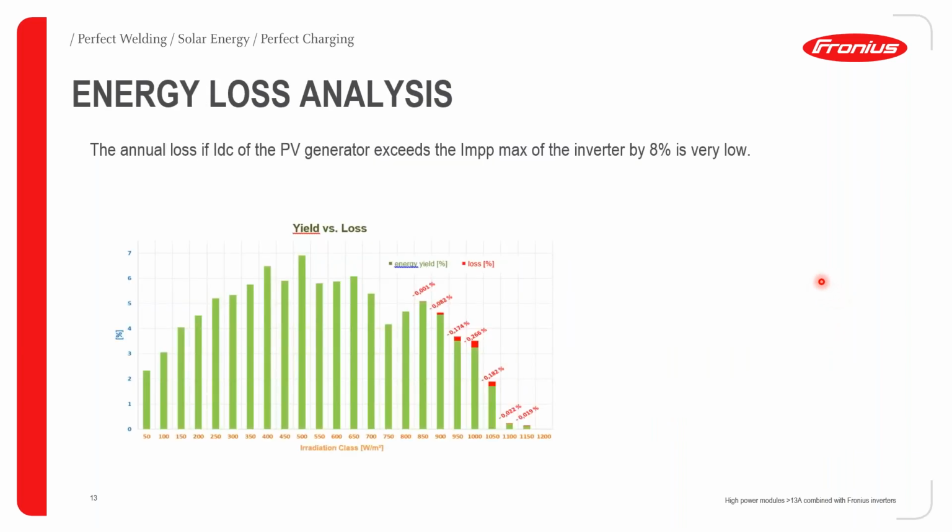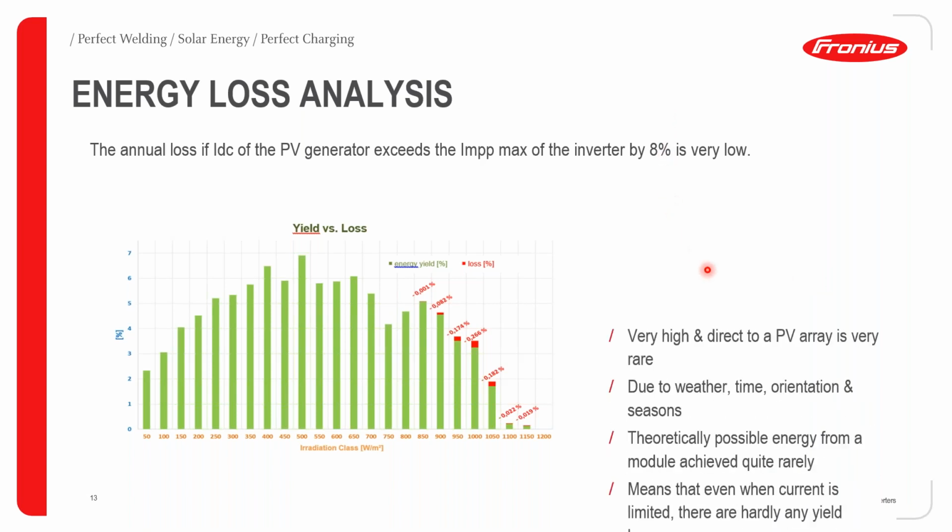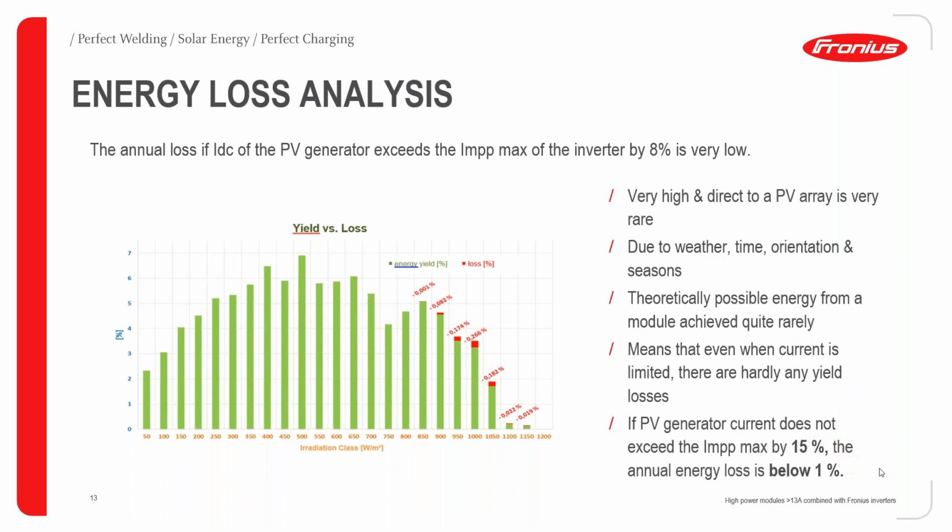So looking at this energy loss analysis, the annual loss if the IDC of the PV generator exceeds the maximum power connectable to the inverter MPPT by only 8% is actually very low, and for quite a number of reasons. So reason number one is that very high and direct radiation to a PV array is quite rare, or very rare in some cases.